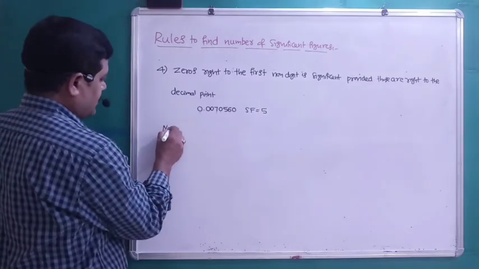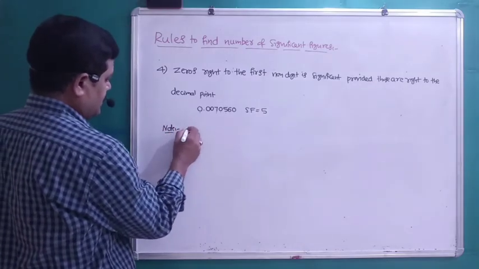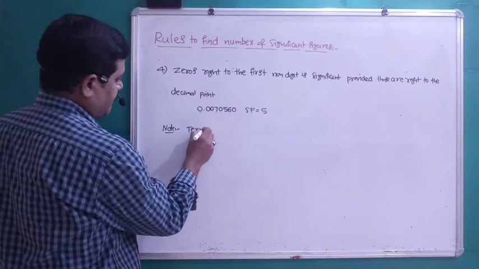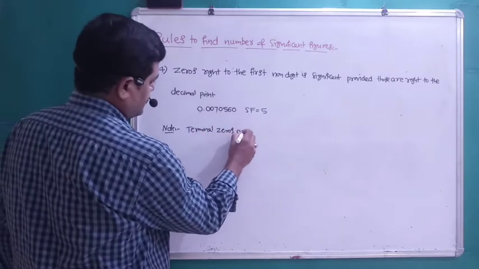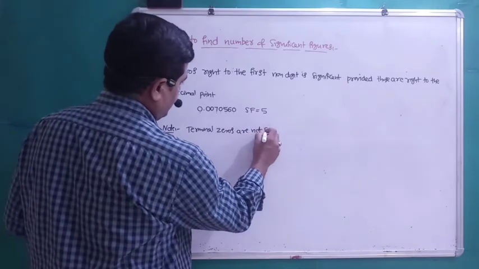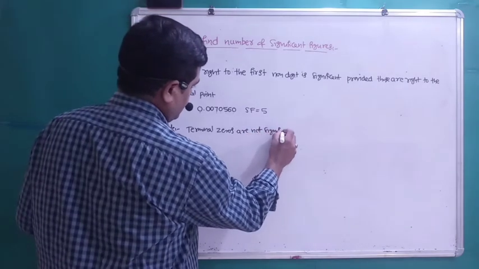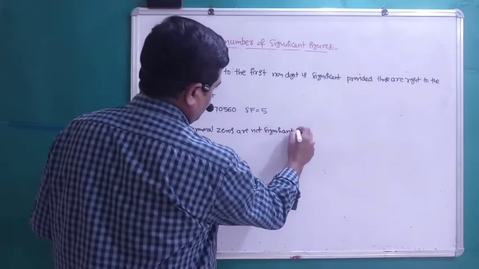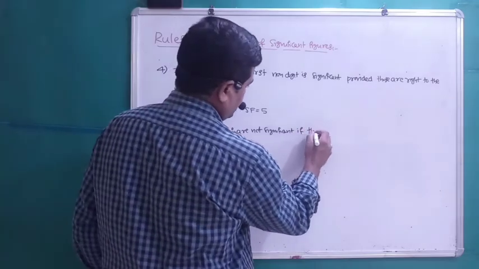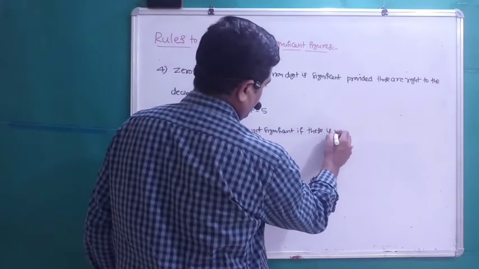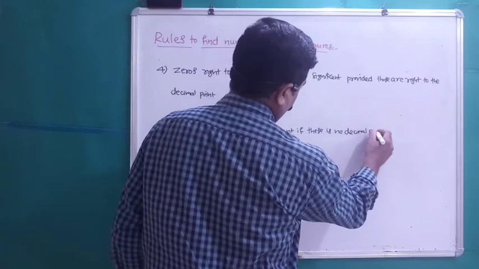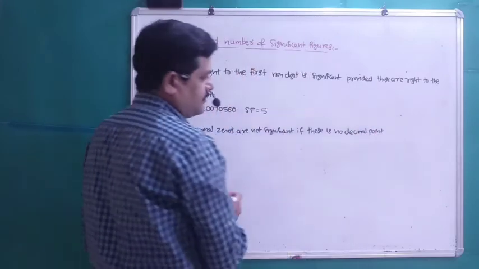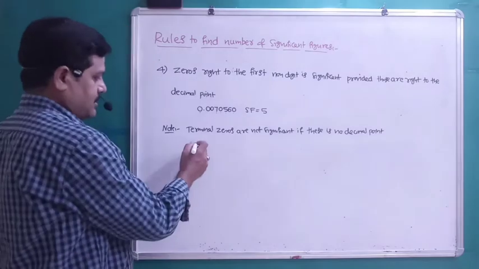But there is one rule. Terminal zeros are not significant if there is no decimal point.